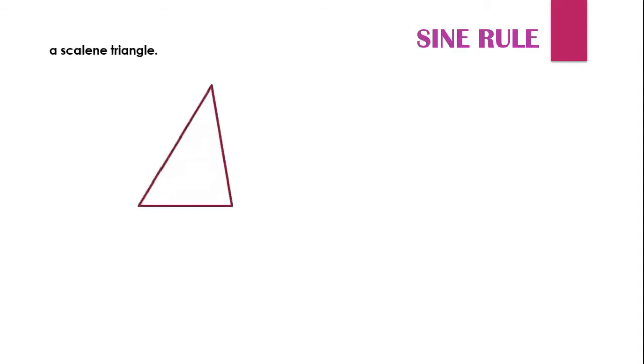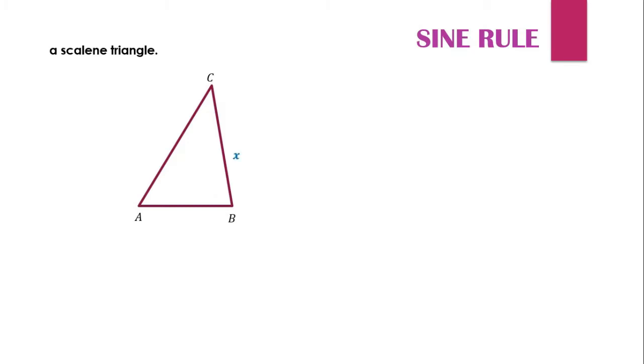Okay, students, before we discuss bearing and any question about bearing, two concepts of bearing are the sine rule and cosine rule, okay? Now we are going to review the sine rule. For a scalene triangle, the triangle consists of 3 points A, B, and C, right?